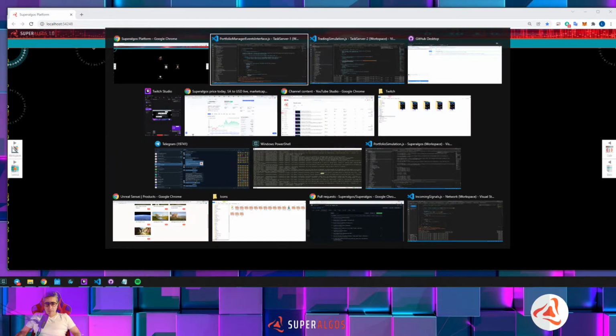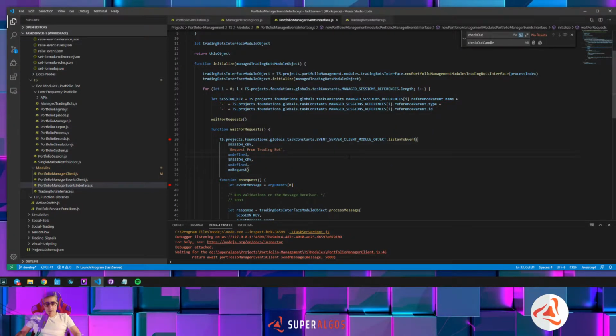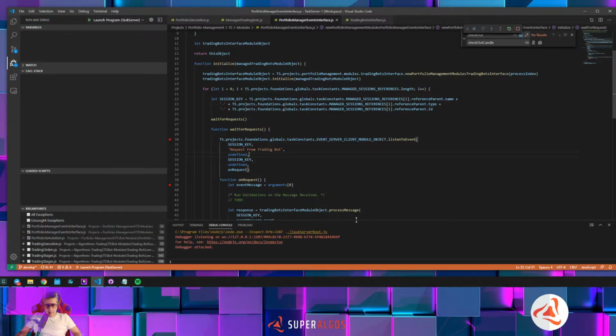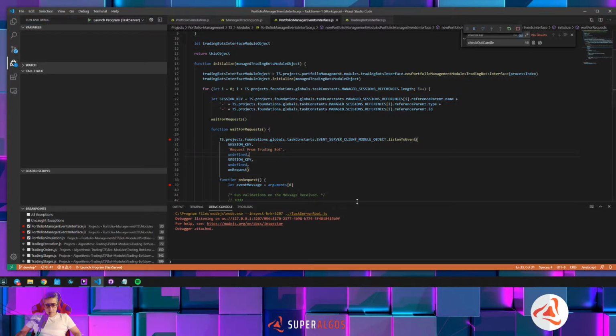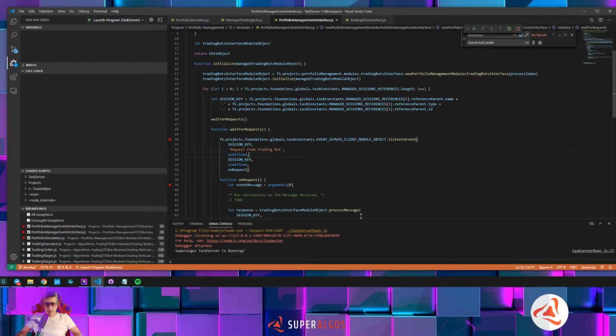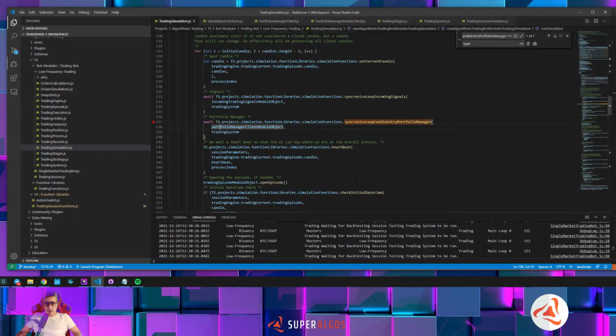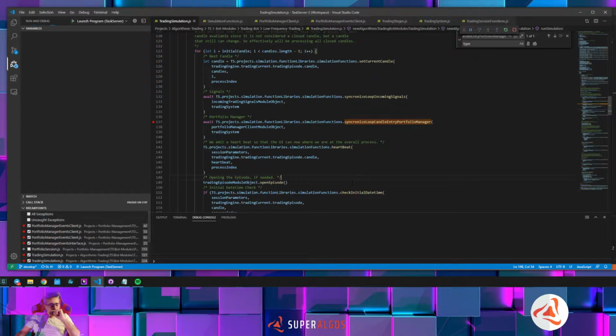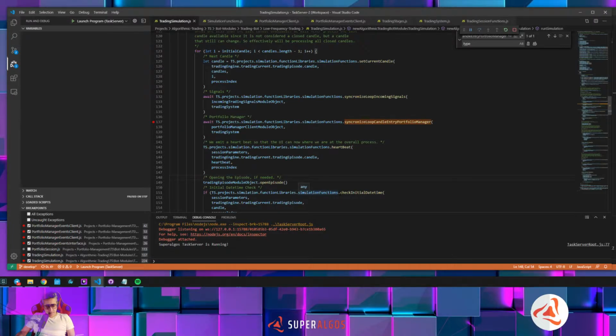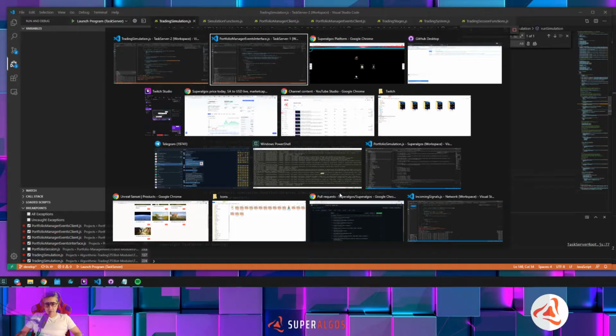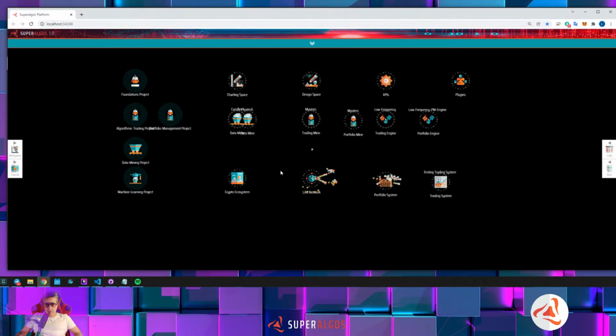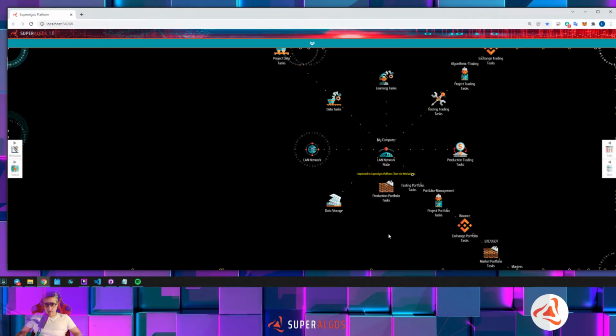Okay, so we go back, run, and this is running. And the trading bot run. And this is running. So then we come here.